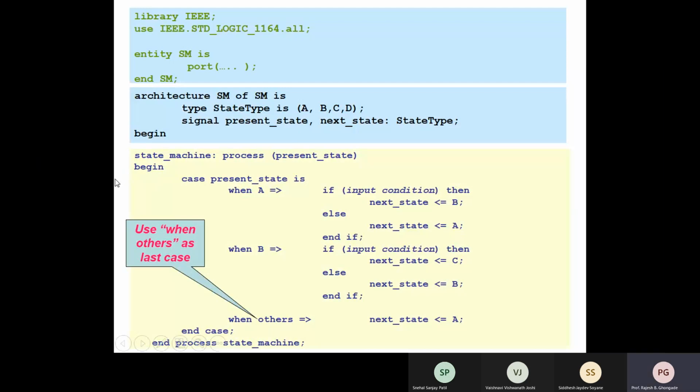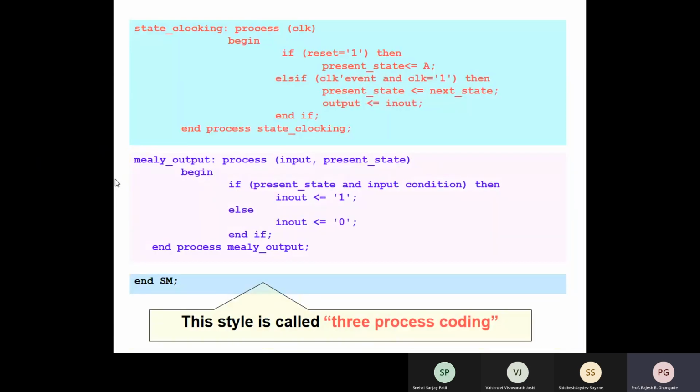If you want, you can copy this down, the template. All right. And this is what we have already seen. This is called a 3-process coding style.